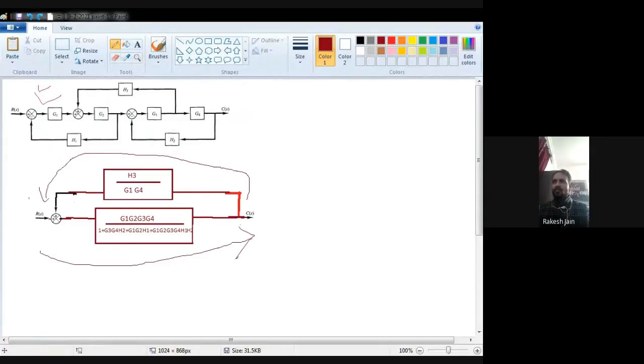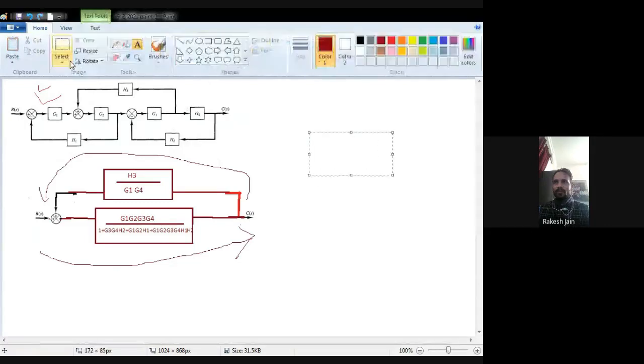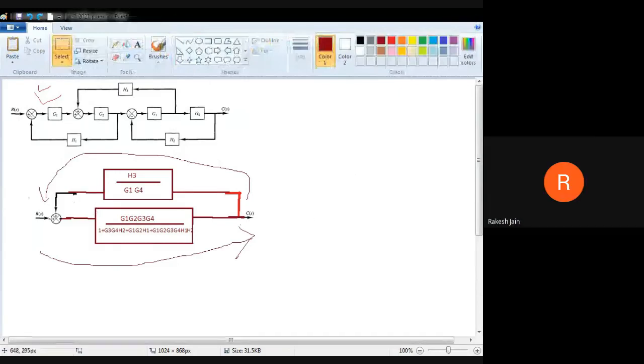Okay, and at the denominator term, first this 1 will be multiplied by 1 plus G3 G4 H2, then G1 G2 H1 will be multiplied by 1 plus G3 G4 H2.